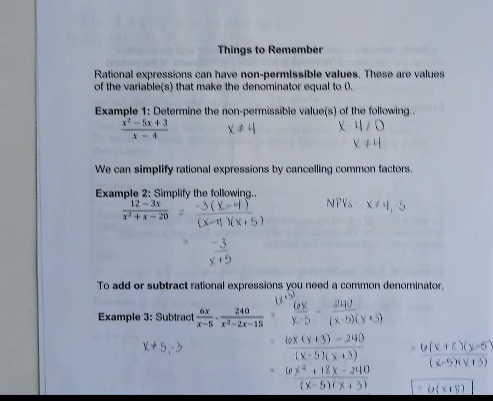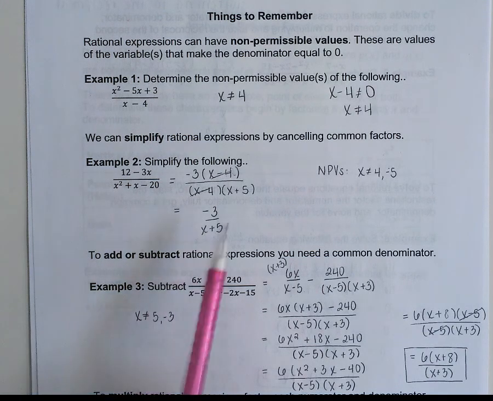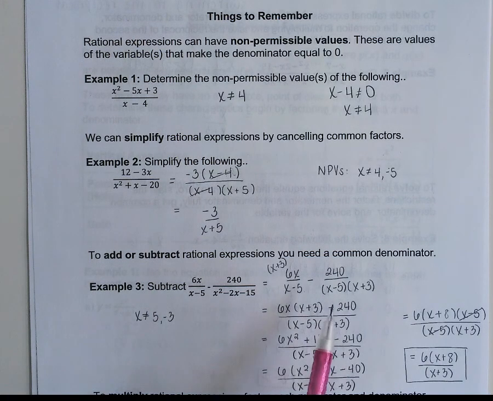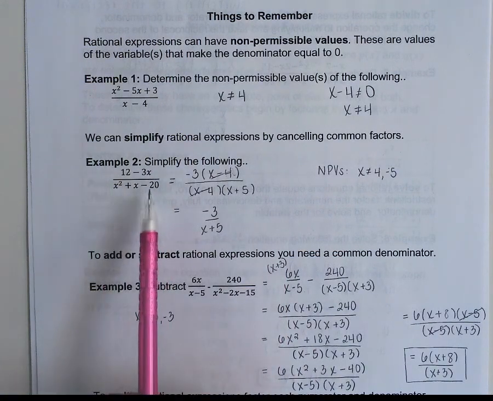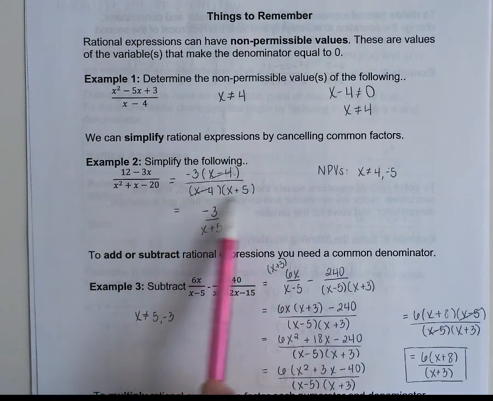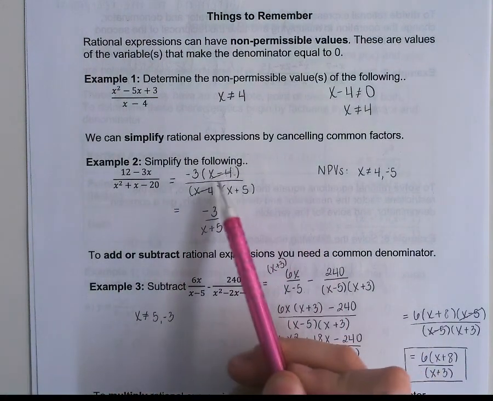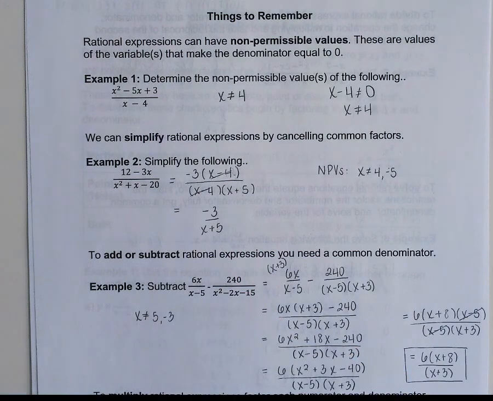Okay, now we also spent some time in grade 11 simplifying rational expressions. So this we kind of talked about in our polynomials unit, where our first step in dividing polynomials is looking for common factors. So if you look at this expression here, you can see what I've done is I've factored the top and I've factored the bottom, and I then have two terms that can cancel out, x minus 4 and x minus 4.